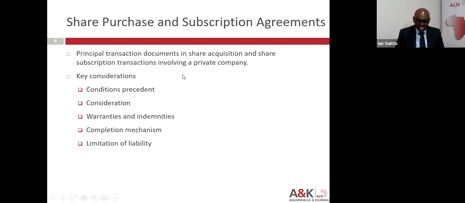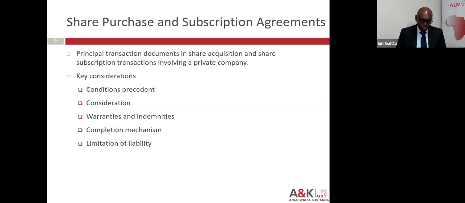So with that understanding, there's always a balance to be struck, also taking into account the fact that the incoming parties would have, in any case, had an opportunity to carry out substantive due diligence on the project and on the various vehicles through which the project is being operated. And therefore, some level of comfort should also be derived from the due diligence, and that should also inform the extent to which warranties and indemnities would be negotiated.